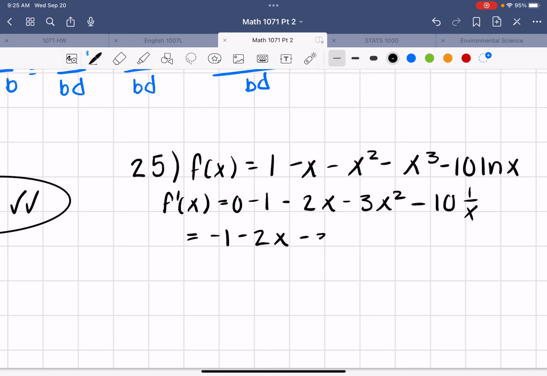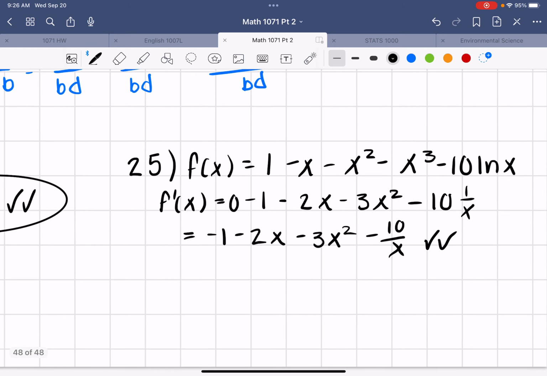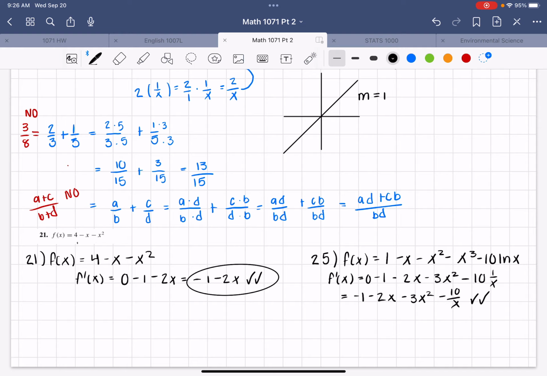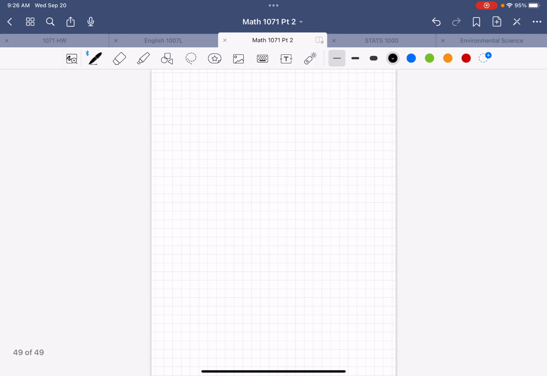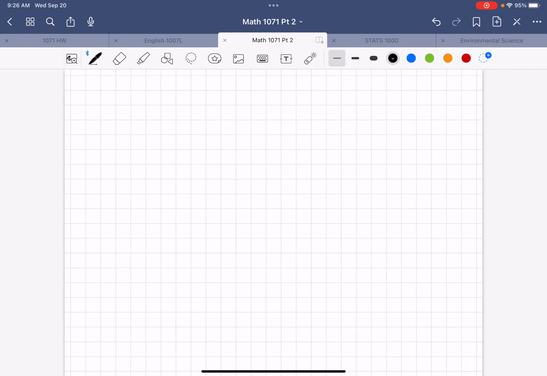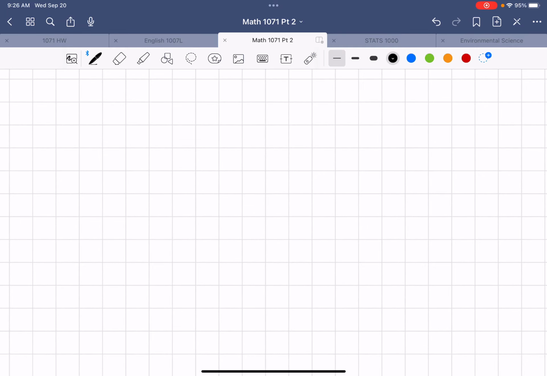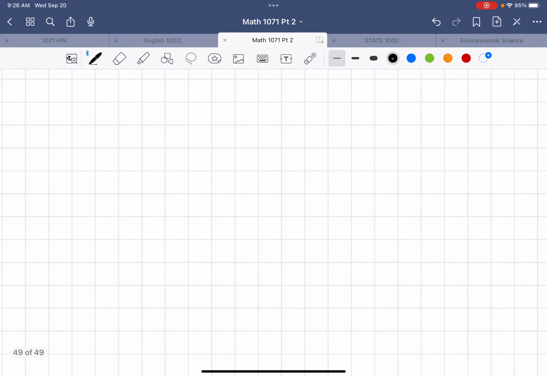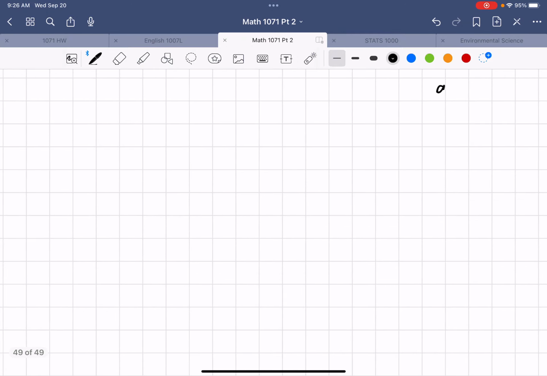Number 31. So here we have f of x is equal to e to the fourth.